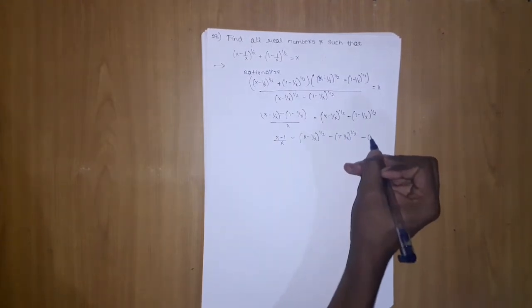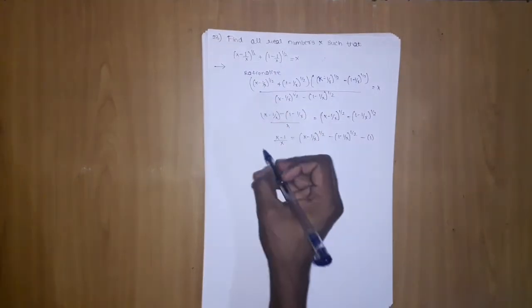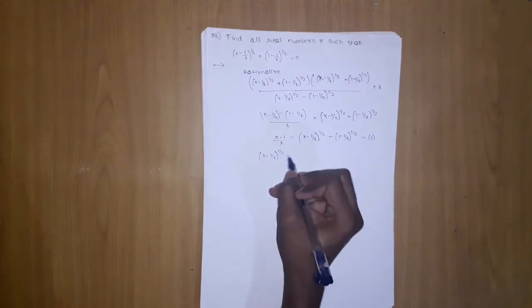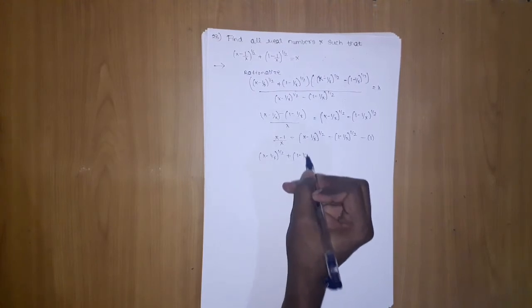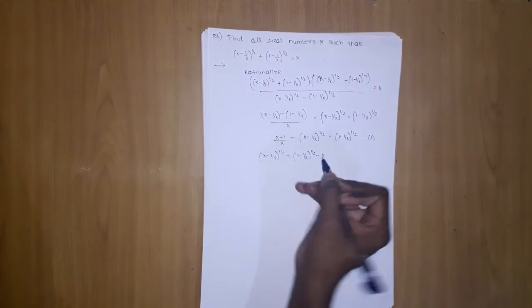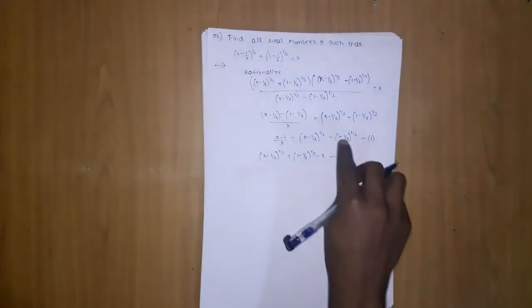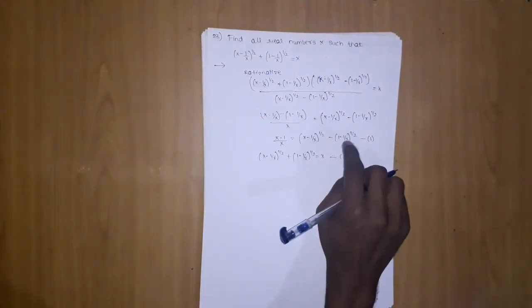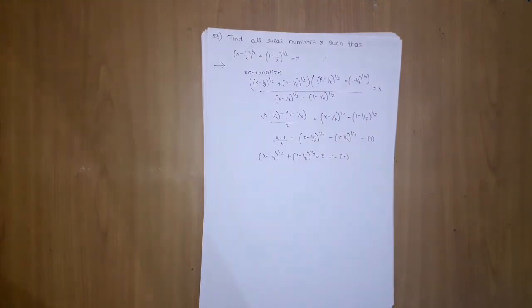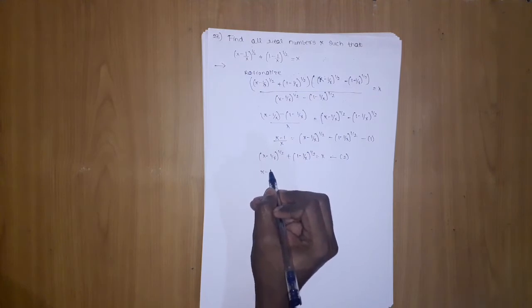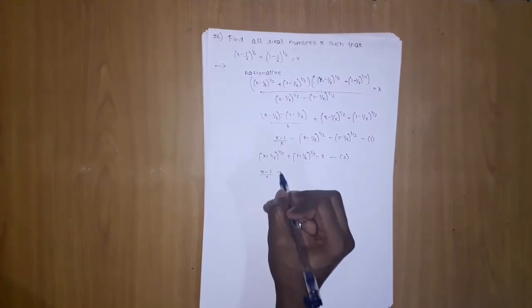Let me call it 1. Now the given equation is (x minus 1 upon x) power 1 by 2 plus (1 minus 1 upon x) power 1 by 2 equal to x. Let me write it as 2. If we add these two, this term will cancel out, which will make our problem easier. So we get x minus 1 upon x plus x.